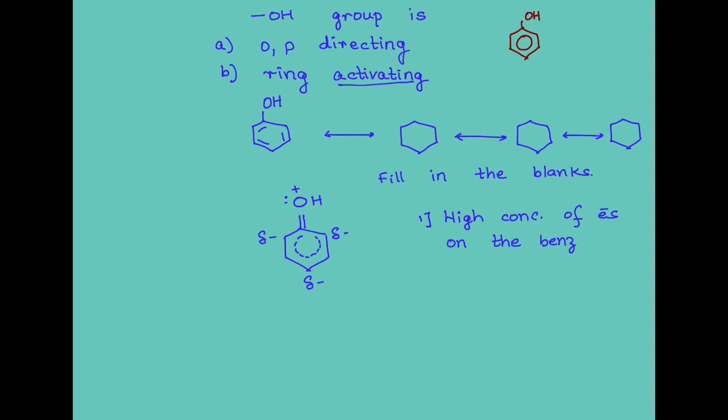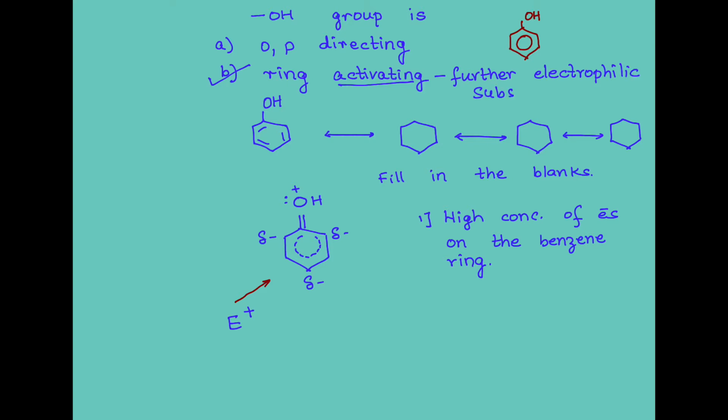If there are high electrons, that means something electrophilic, something electron loving, will be attracted towards the benzene ring, right? So if it is attracted towards the benzene ring, that means my OH group is ring activating. It is activating it towards further electrophilic substitution reactions, right?